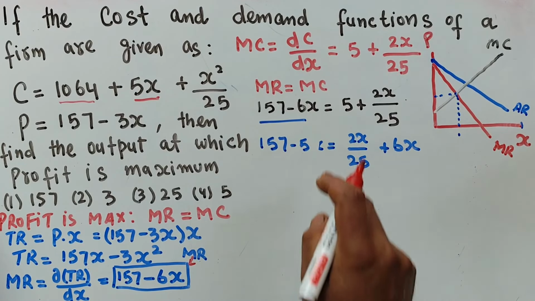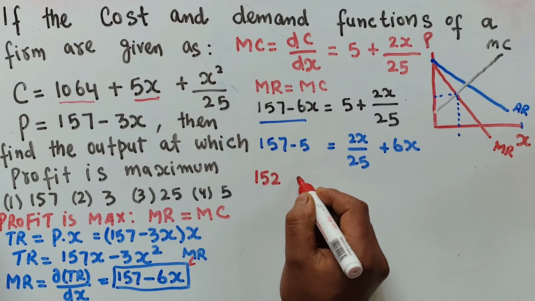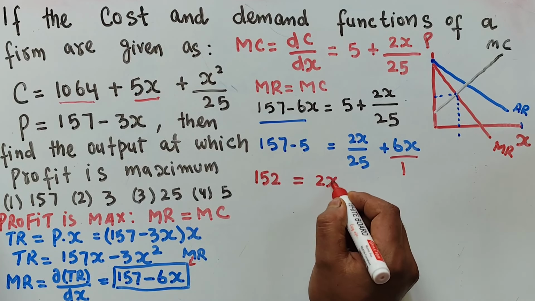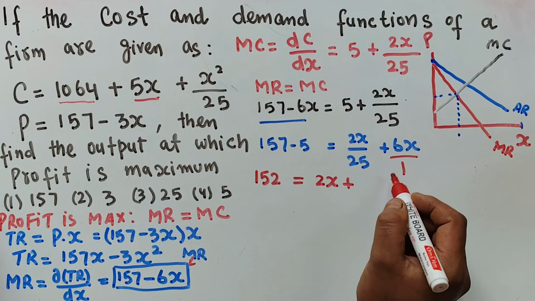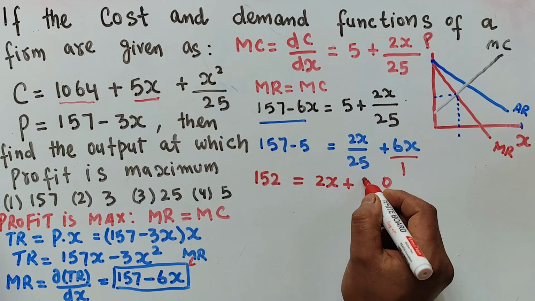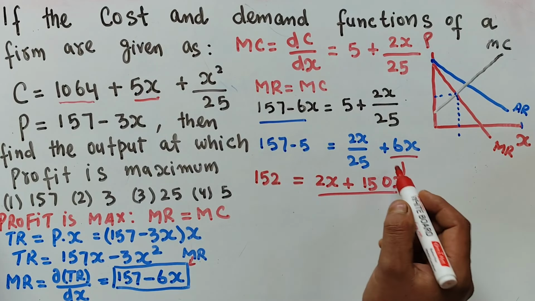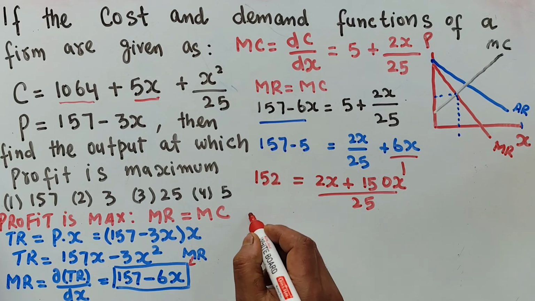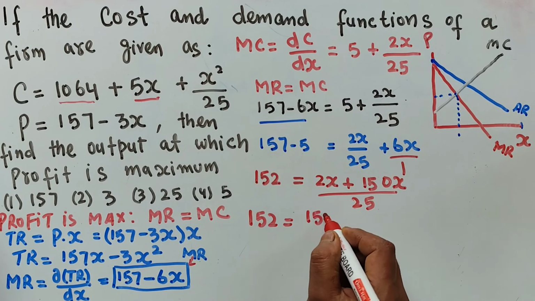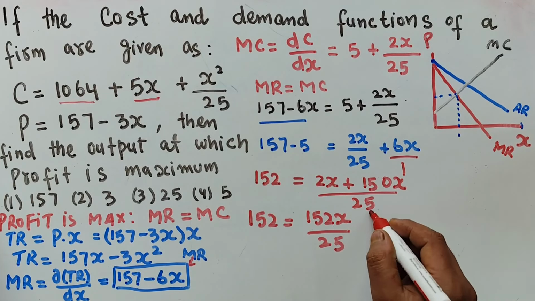Subtracting 5 from 157, this comes out to be 152, which is equal to, so cross multiplying here, we get 2x plus 6 times 25, which is 150x, divided by 25 into 1 is 25. Which implies 152 is equal to 150x plus 2x, that is 152x upon 25.